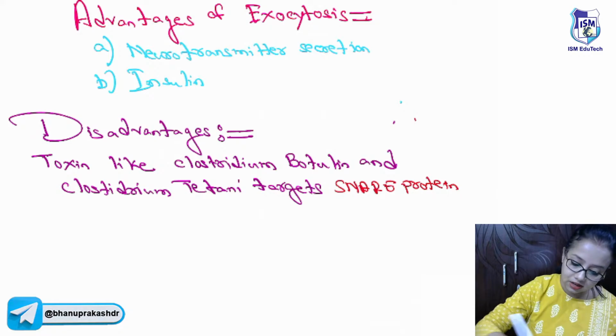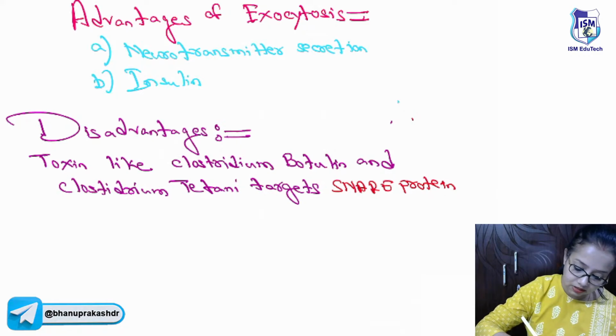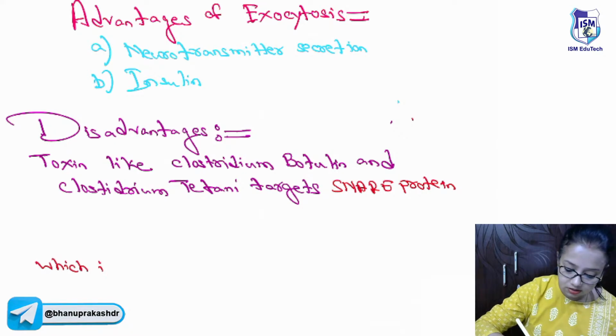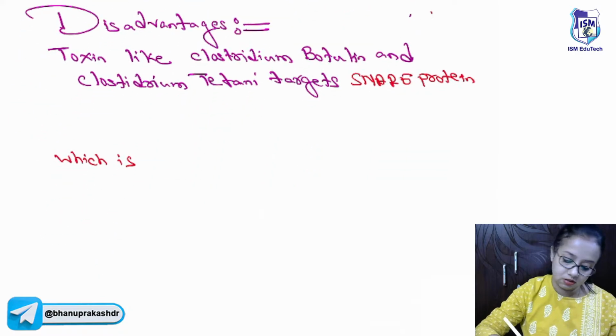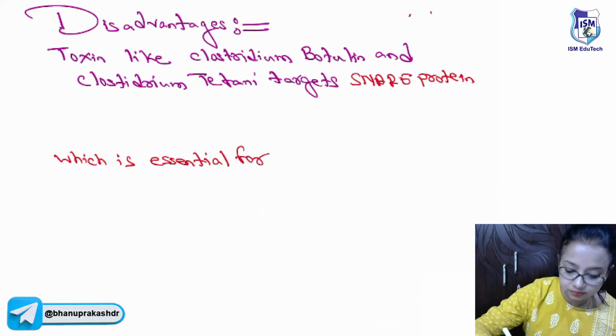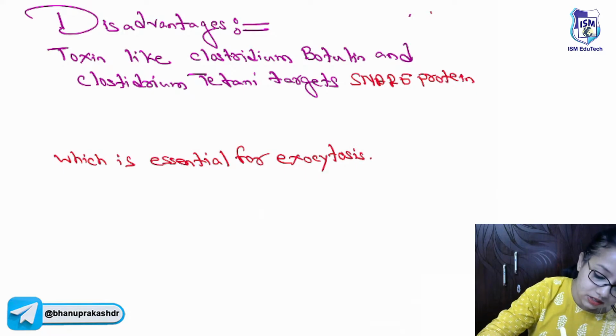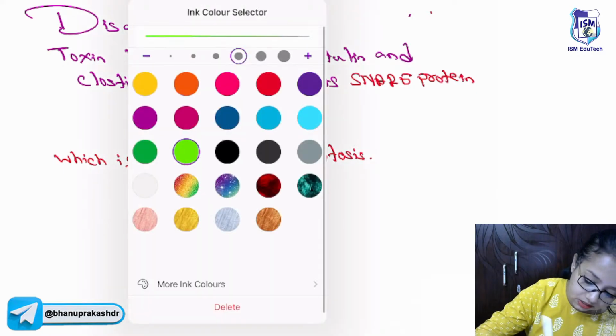I'll leave this gap for talking about SNARE protein, which is essential for exocytosis. Now, what is this SNARE protein?